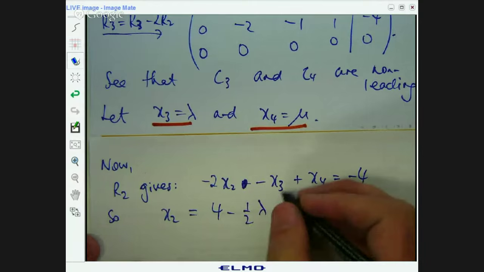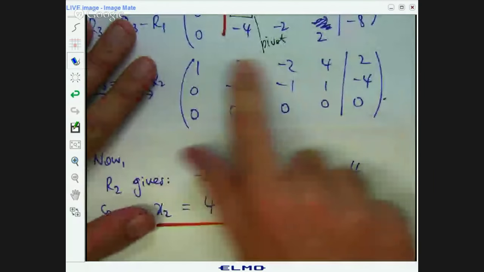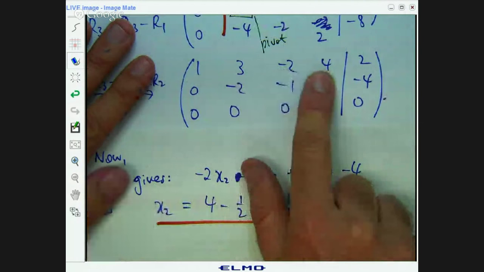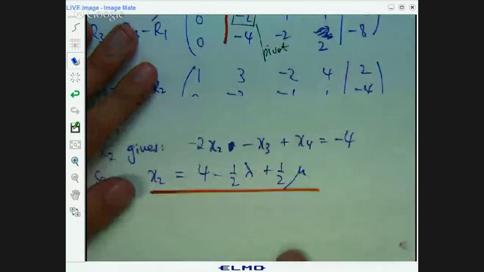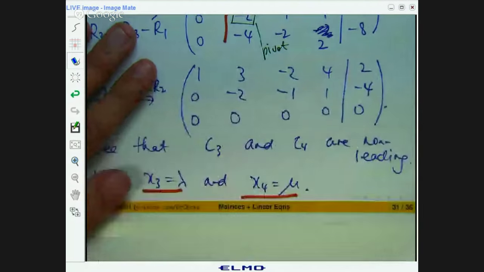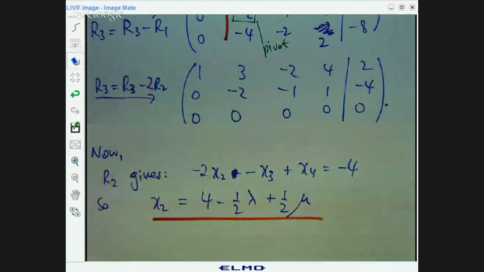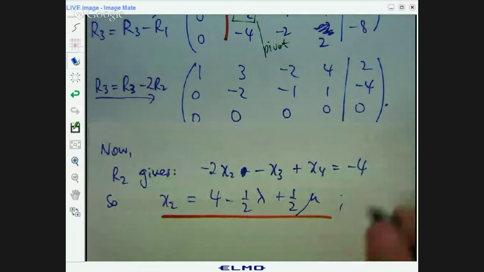And then I can use row 1, that's x1 plus 3x2 minus 2x3 plus 4x4 equals 2. I can use that together with this and this to get x1 in terms of lambda and mu.